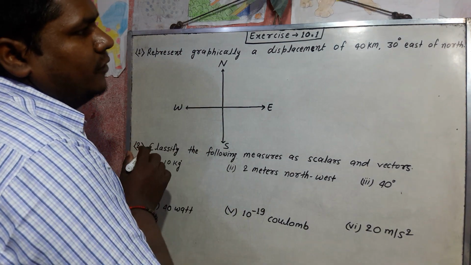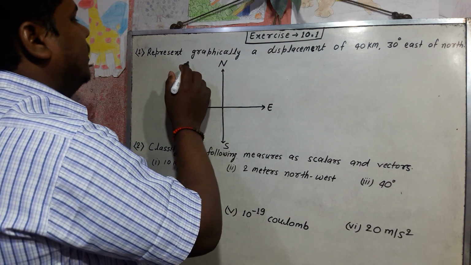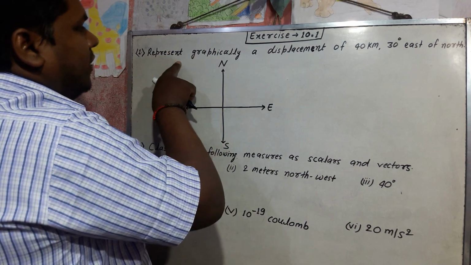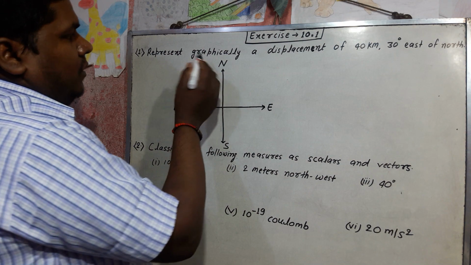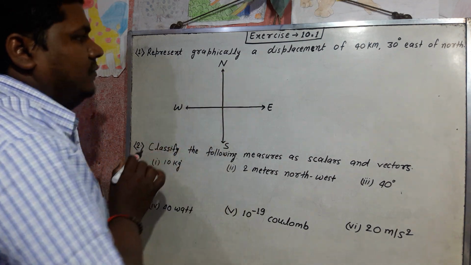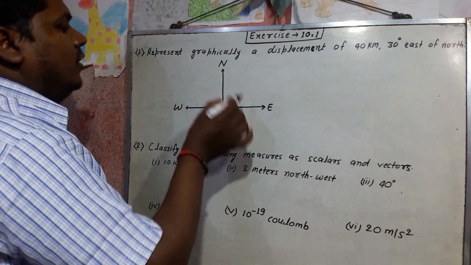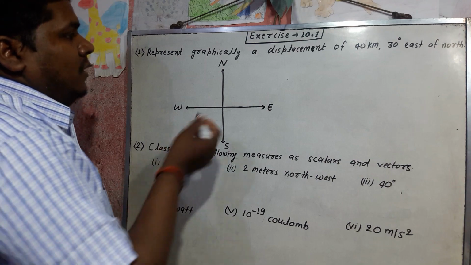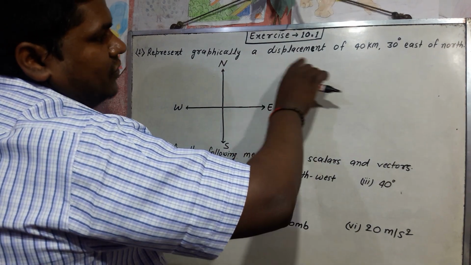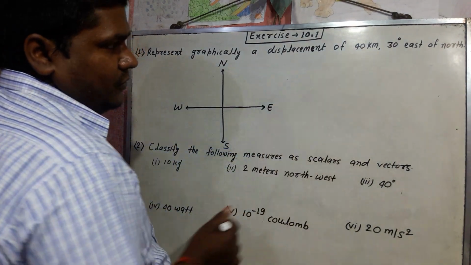Here the question is saying, represent graphically. It means on the graph, a displacement of 40 kilometers.